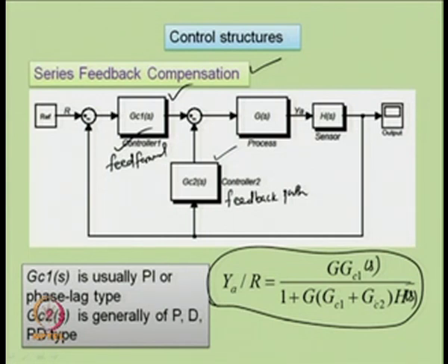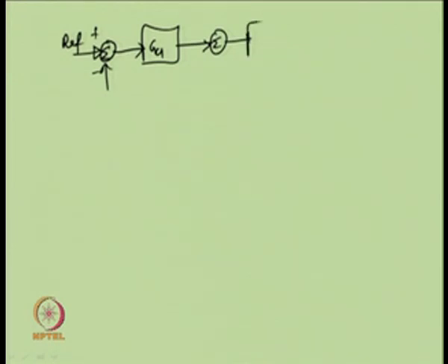Now, often with the help of block diagram reduction, this series feedback compensation scheme can be shown in the form of reference input, comparator, then the main controller G C1, or the controller in the feed forward path, and then the process including the actuator dynamics G s, sensor dynamics H s and output.